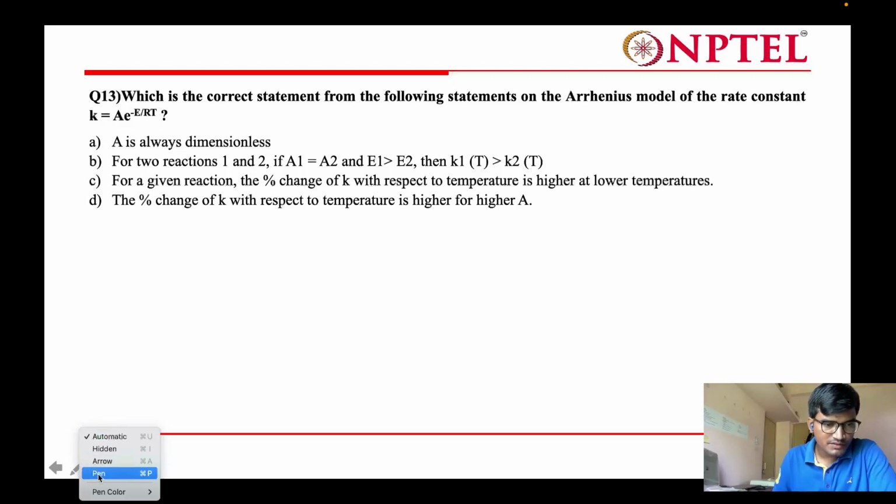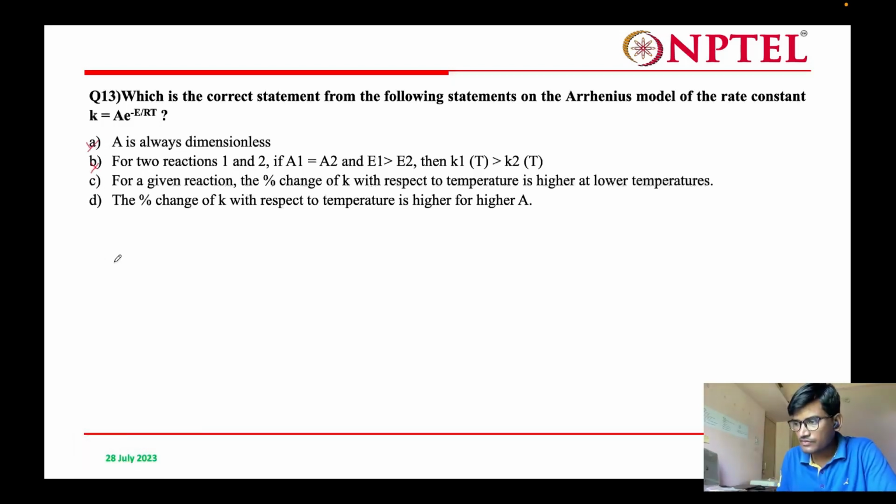Now option C: for a given reaction, the percentage change of k with respect to temperature is higher at lower temperatures.